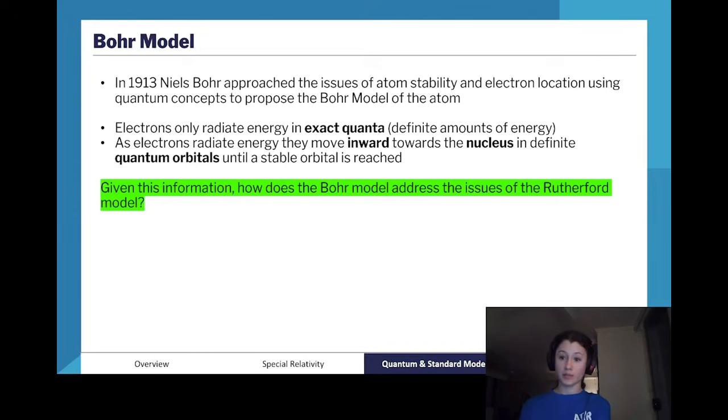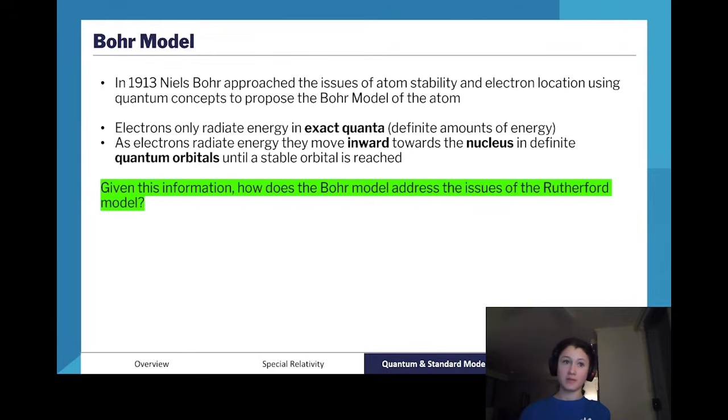Now let's get into the Bohr model. So Bohr proposed that electrons only radiate energy in exact quanta, or definite amounts of energy. And so as electrons radiate energy, they move inward towards the nucleus in definite quantum orbitals until a stable orbital is reached.